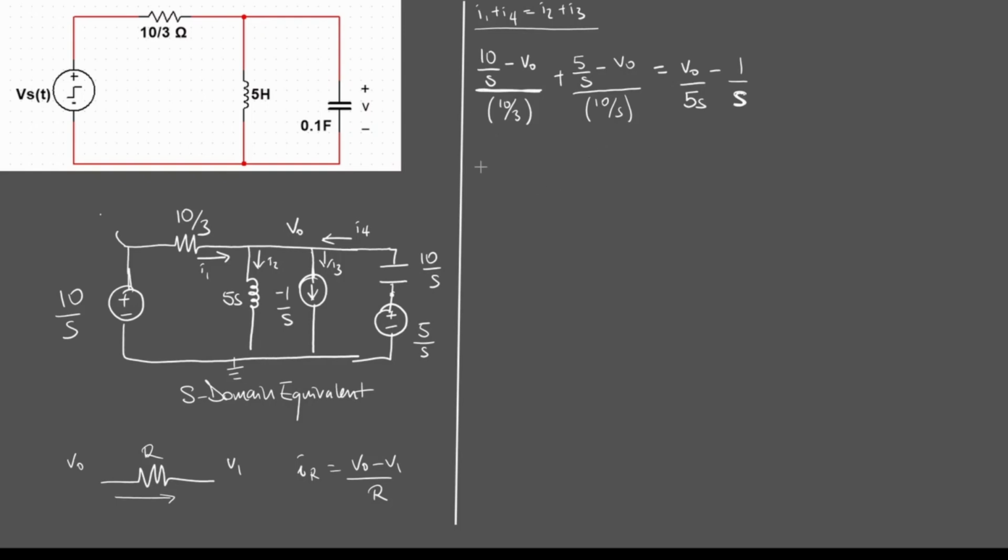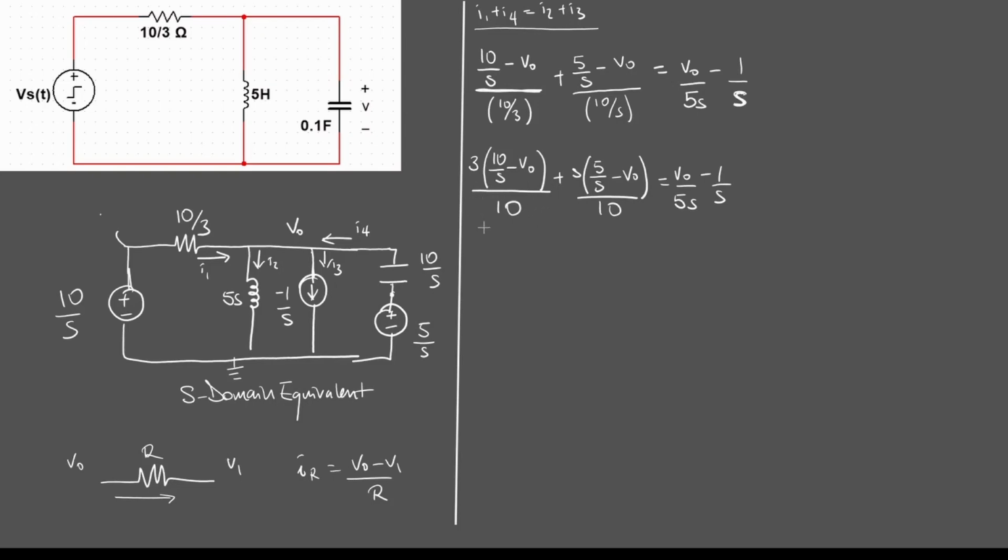Okay, I can simplify this. So that's 3. 3 is going to come up. 3 into 10 over S minus V naught all over 10 plus S into 5 over S minus V naught all over 10 again is going to equal V naught over 5S minus 1 over S. Okay, so let's see if we can multiply through by 10 to get rid of this denominator.